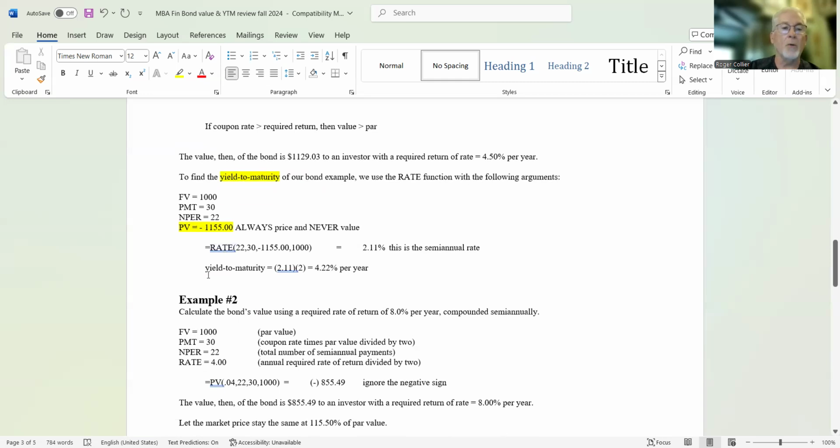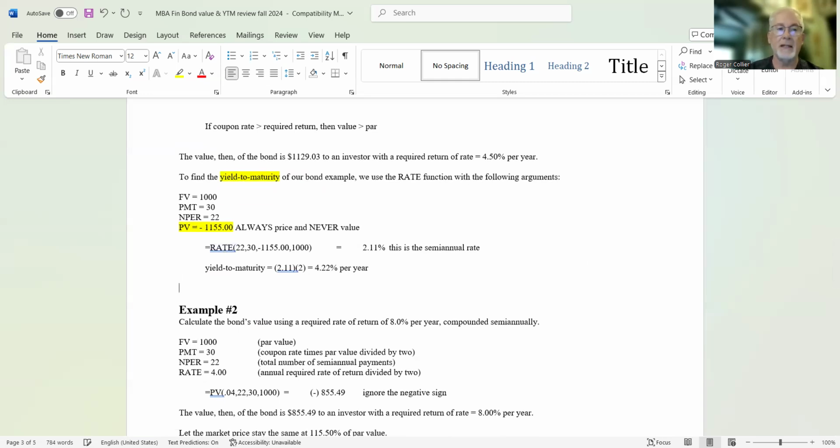All right? So, should we invest in this bond? Well, let's see. The value is less than the price, right? Because the value was 1129.03, and that's less than that price of 1155. So we do not invest.